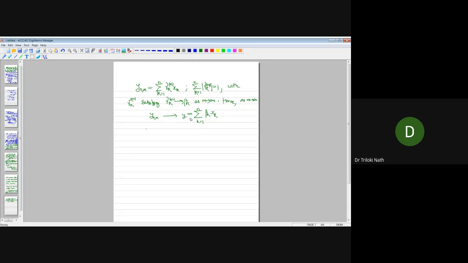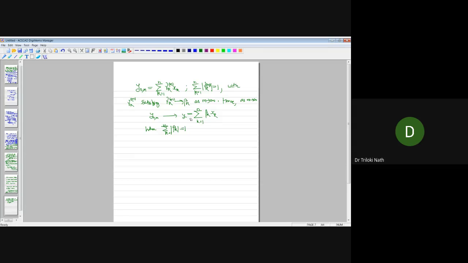Here again, the summation k equal to 1 to n of mod beta k is equal to 1, because always the summation k equal to 1 to n of mod gamma km is 1. So in the limiting case, the right hand side is always 1.